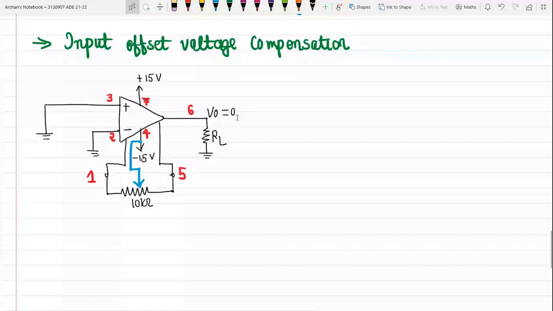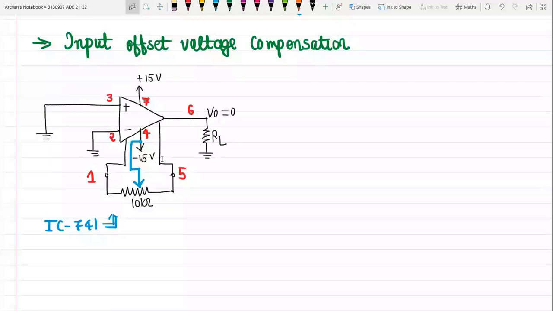Now this is possible only when we have these compensation pins. In case of IC741, we have this possibility. But if we have an operational amplifier from some other company which does not provide these compensation pins, then we require a separate external compensating network, and we have to design this network.